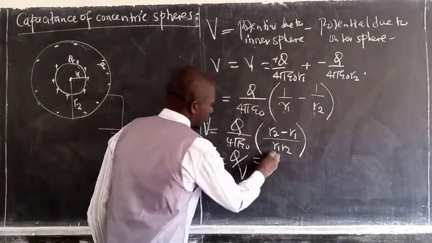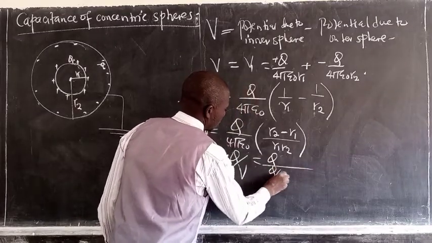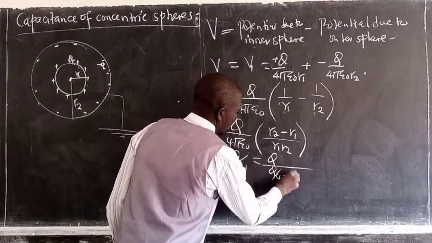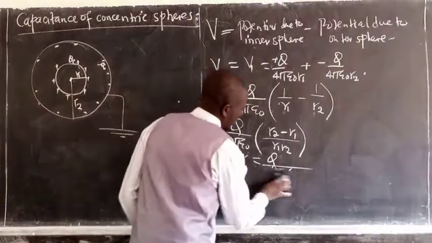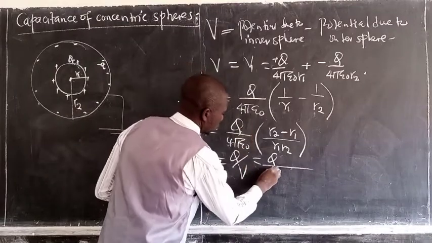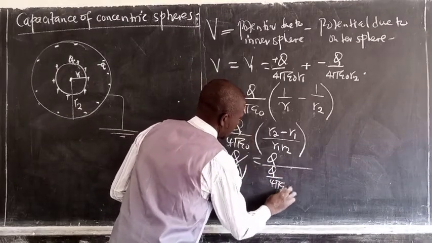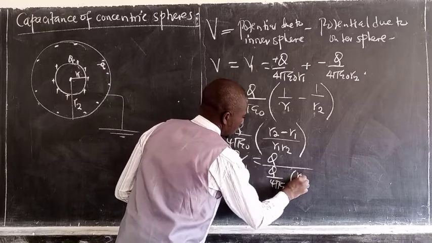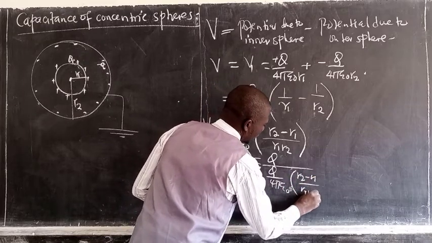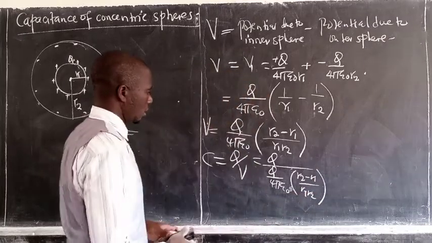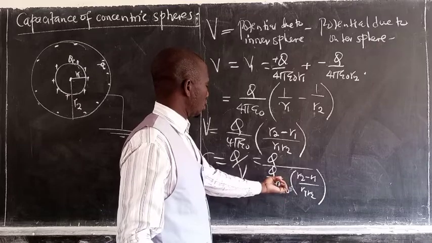So when I get the charge, then I divide by the charge out of 4 pi epsilon naught, then R2 minus R1 out of R1 R2. Of course, when I divide by this, I will be multiplying by the reciprocal.